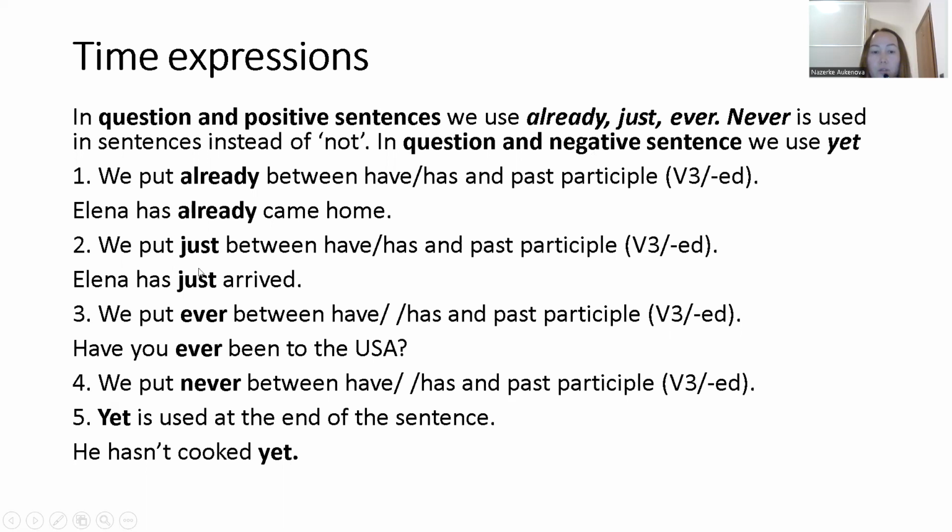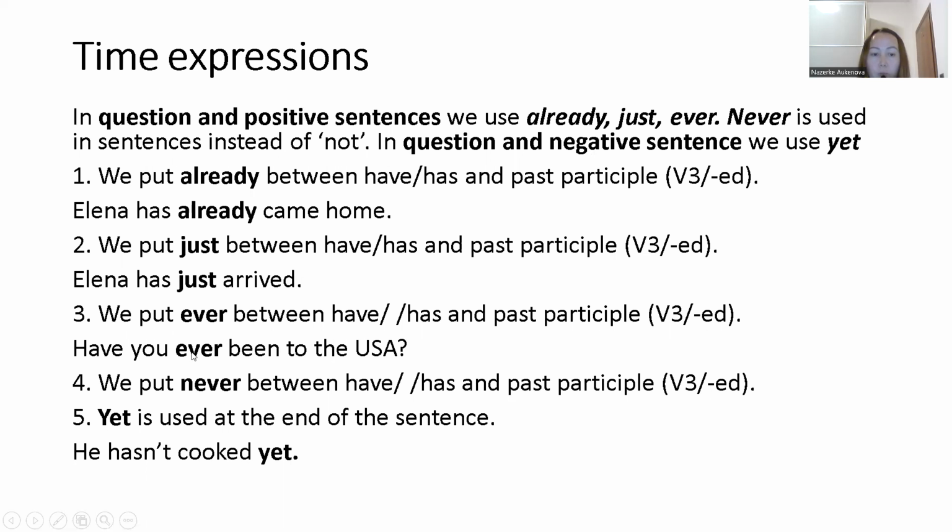We put just between have, has and the past participle. For example, Elena has just arrived. Already and just have the same position. We put ever between have, has, and the past participle, verb 3. For example, have you ever been to the USA?